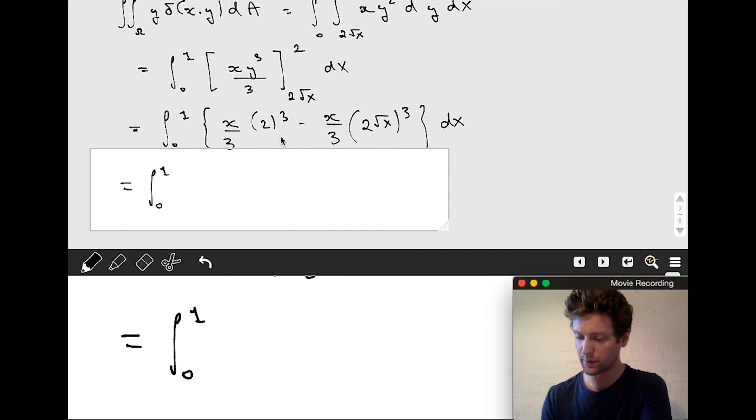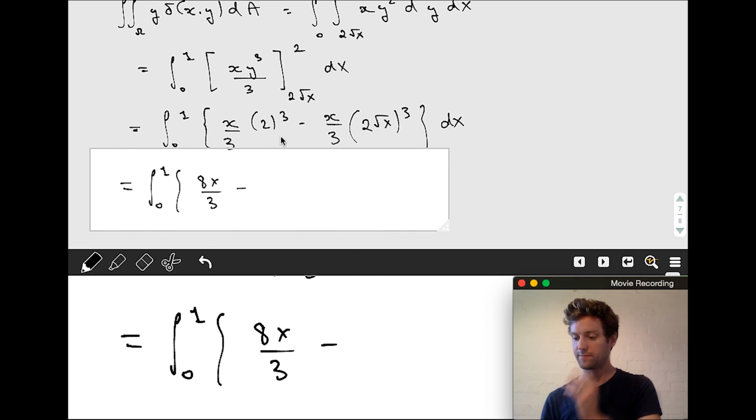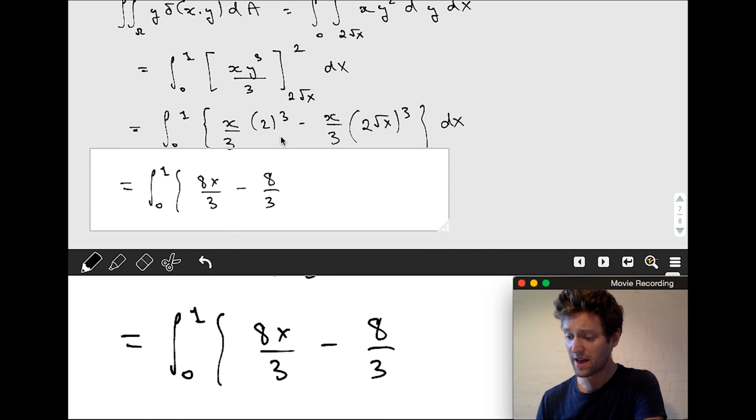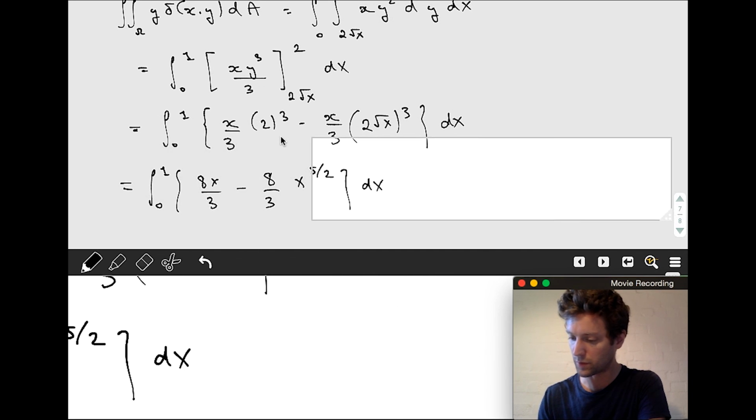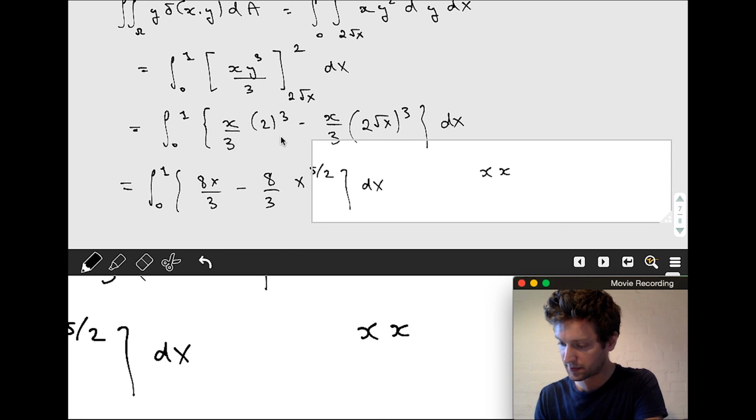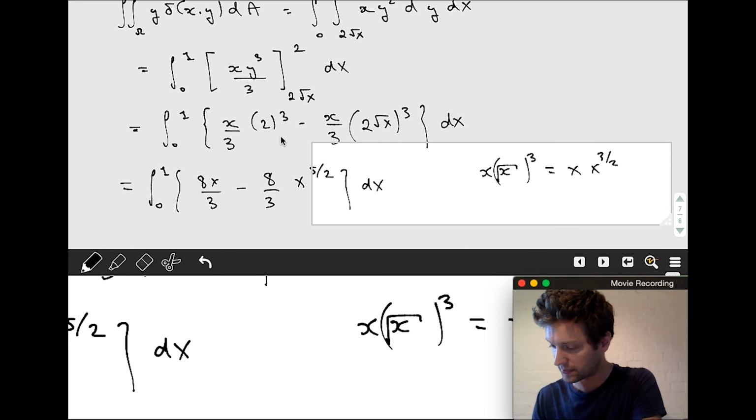So tidying that up a little bit, we're going to get 8x over 3 minus 8 over 3 times x times x to the 3 over 2, since x times root x cubed is x times x to the 3 over 2, which is x to the power of 5 over 2.